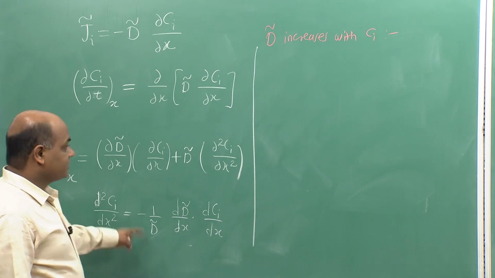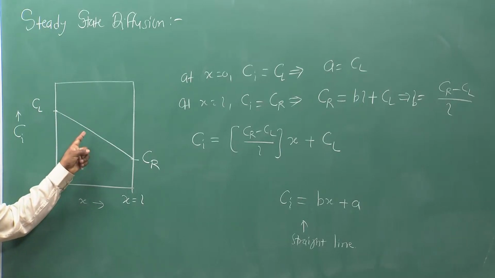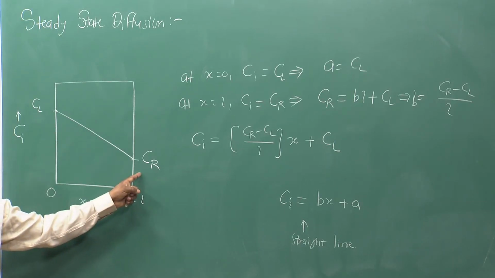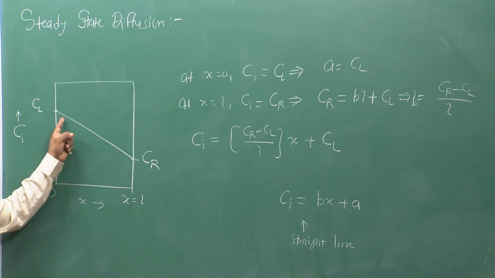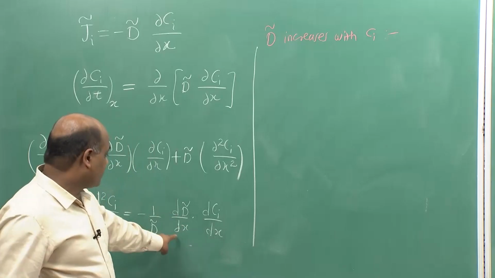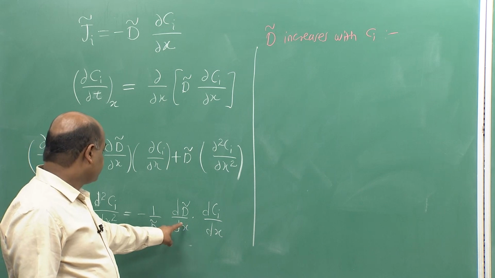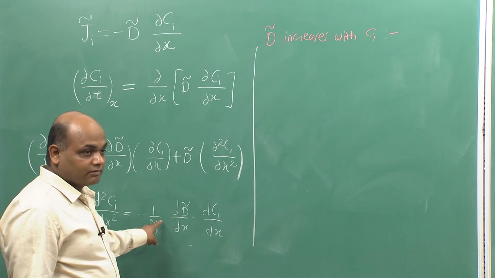D tilde is increasing with Ci, that means here we know the concentration is decreasing from left to right, right. So, here d tilde is decreasing with x. So, this derivative d tilde by dx is negative, right, negative negative, this is positive.